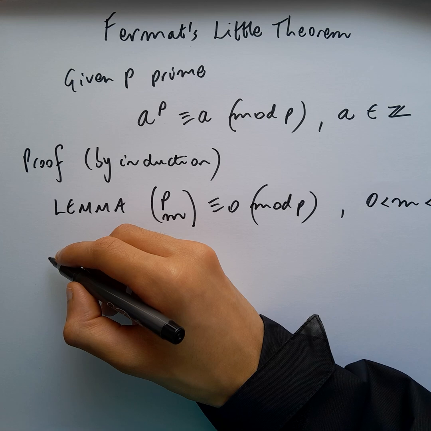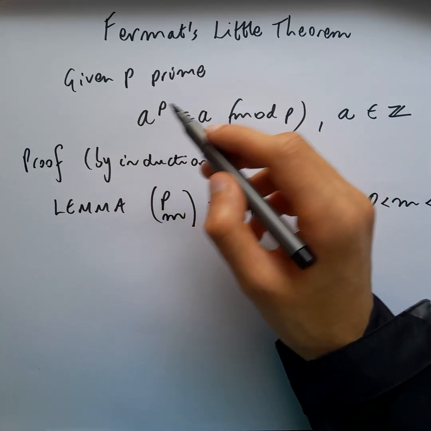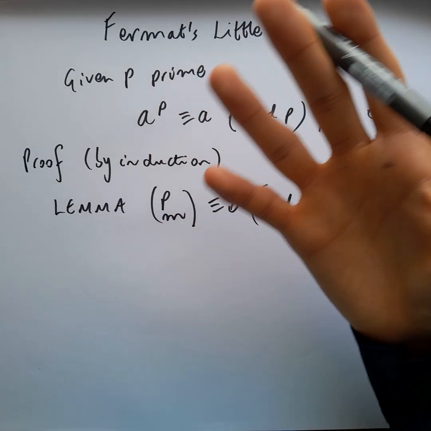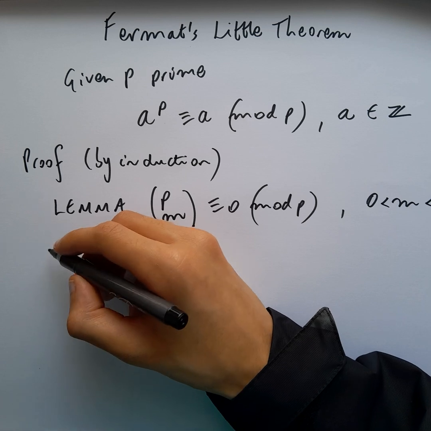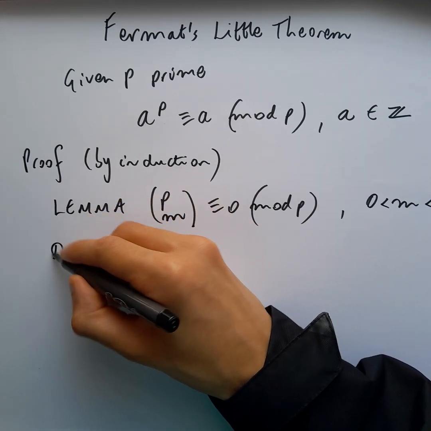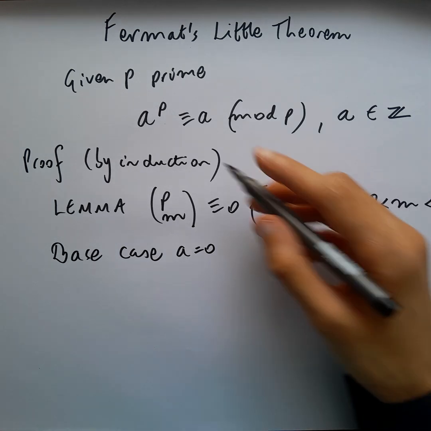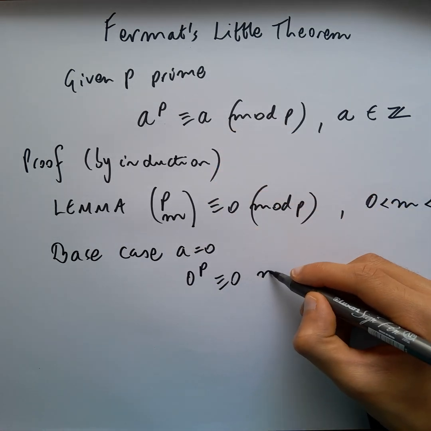First we prove it when a is a non-negative integer, and the proof when a is a negative integer is essentially the same. So we start with the base case a equals 0, and clearly 0^p is congruent to 0 mod p.